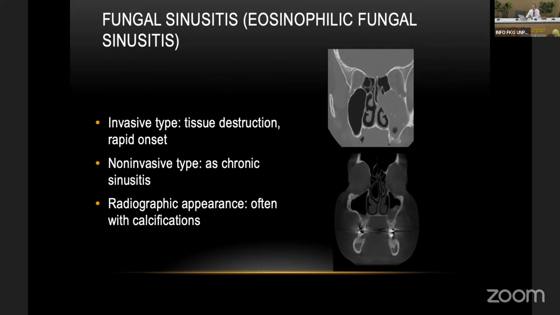Radiographically, a lot of the time you may see calcification inside, like this one, with calcification in the maxillary sinus. But not all calcifications are fungal sinusitis. Some other inflammatory processes can also have calcification in the sinus. With fungal sinusitis, you very often see calcification inside the sinus.